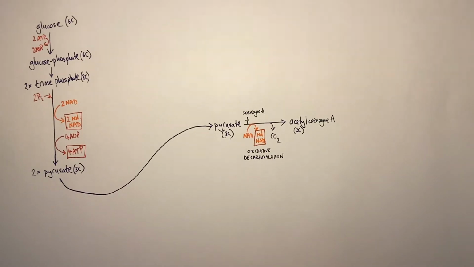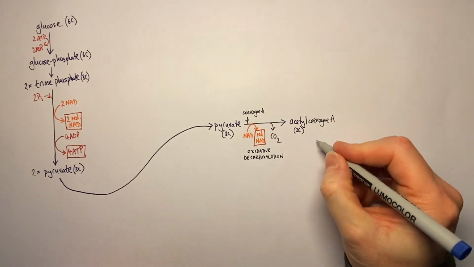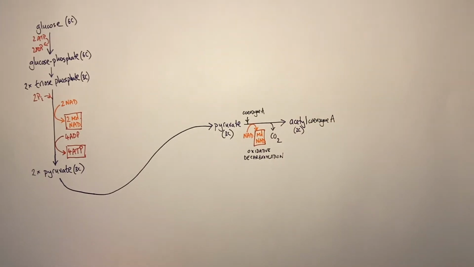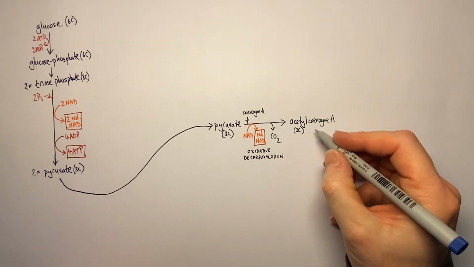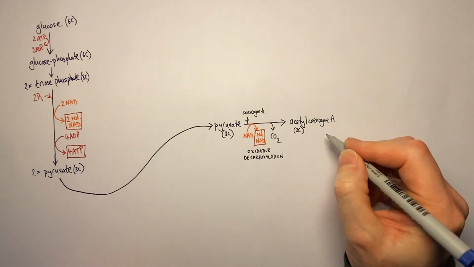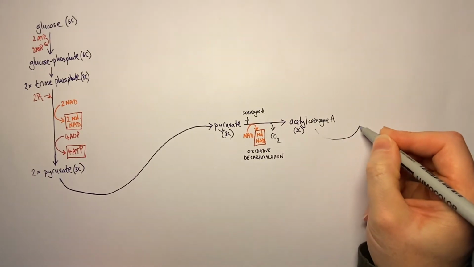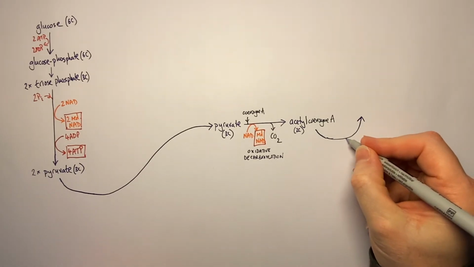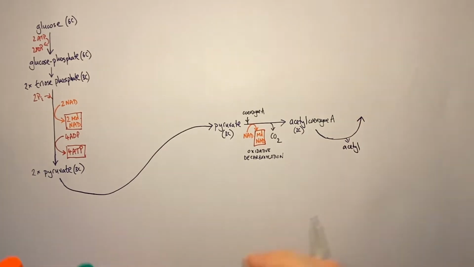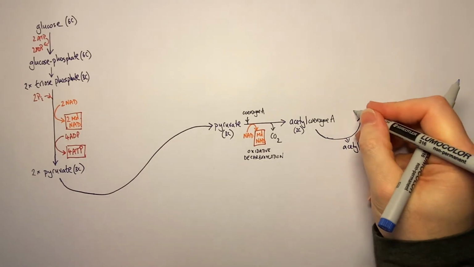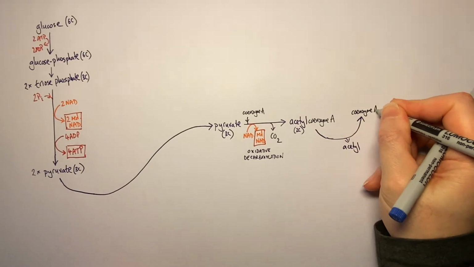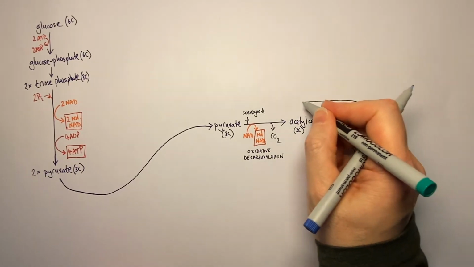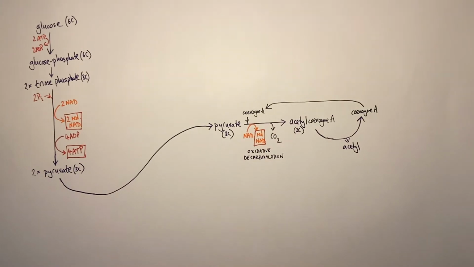The next stage is that acetyl coenzyme A then enters Krebs cycle. So the acetyl coenzyme A splits into acetyl groups and the coenzyme A. And that coenzyme A can then go back to another link reaction and take an acetyl group from another pyruvate molecule.